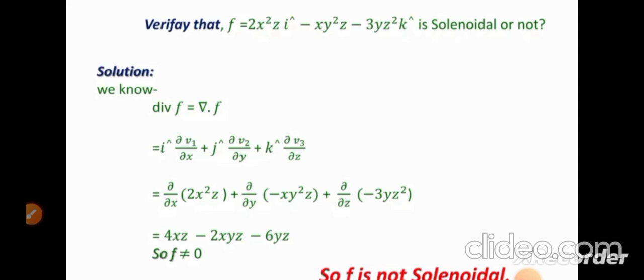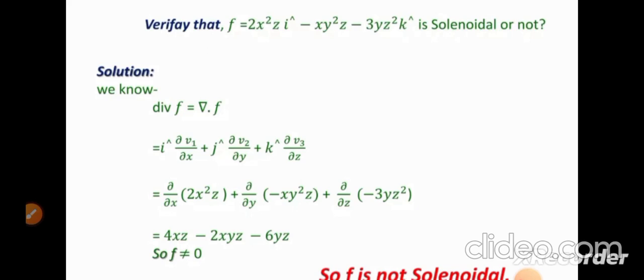Now differentiate 2x square z with respect to x. When we differentiate x square, we will be getting 4xz. Next, differentiate minus x y square z with respect to y.